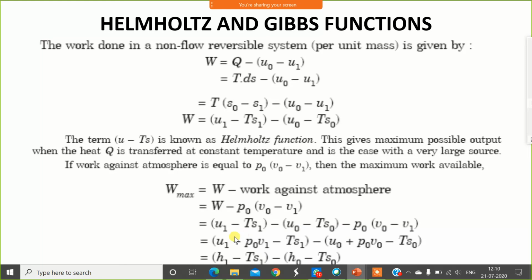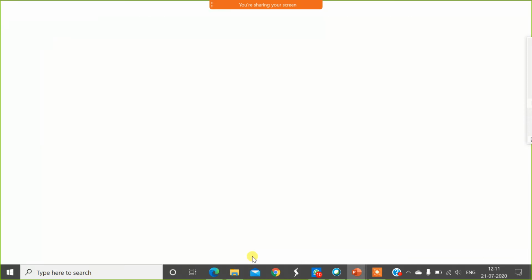Rearranging it: U1 plus P0V1 minus TS1 minus U0 plus P0V0 minus TS0. U1 plus P0V1 is H1 and U0 plus P0V0 is H0. Therefore this becomes H1 minus TS1 and this becomes H0 minus T0S0. Take this function as G and this function as G0; this is the Gibbs function. Therefore, W max is equal to G1 minus G0.